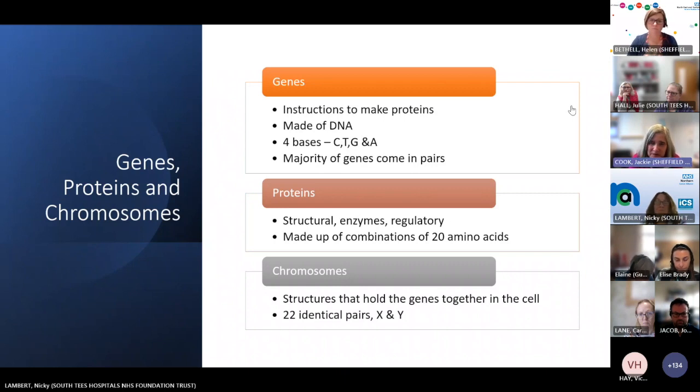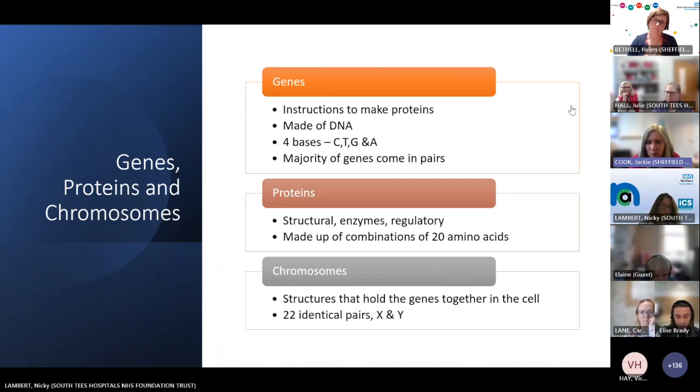So genes make proteins, and proteins have lots and lots of different roles within the body. They can be structural, proteins that actually make the parts of our body. They can be enzymes, which result in the metabolic pathways that run everything within our body.